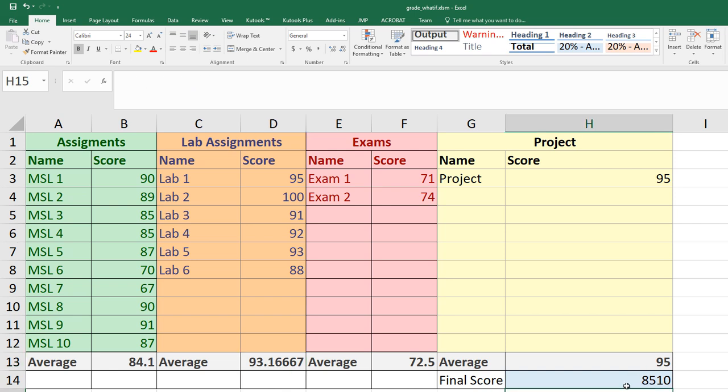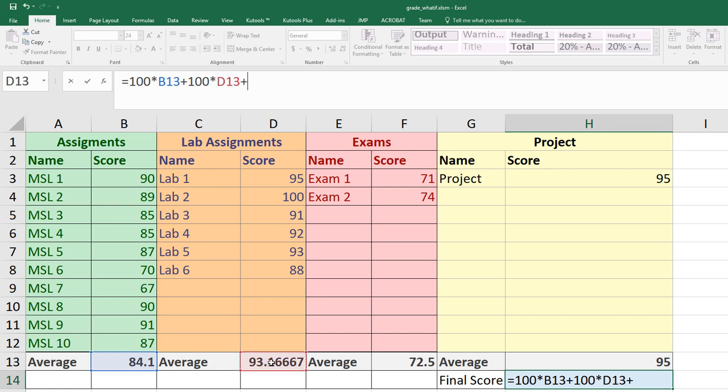Okay, 100 times this, okay, plus 100 times this, except that we don't want to do 100, right, because there are 200 points here, so this will actually be 200 times this, okay, plus 100 times whatever is here, right?